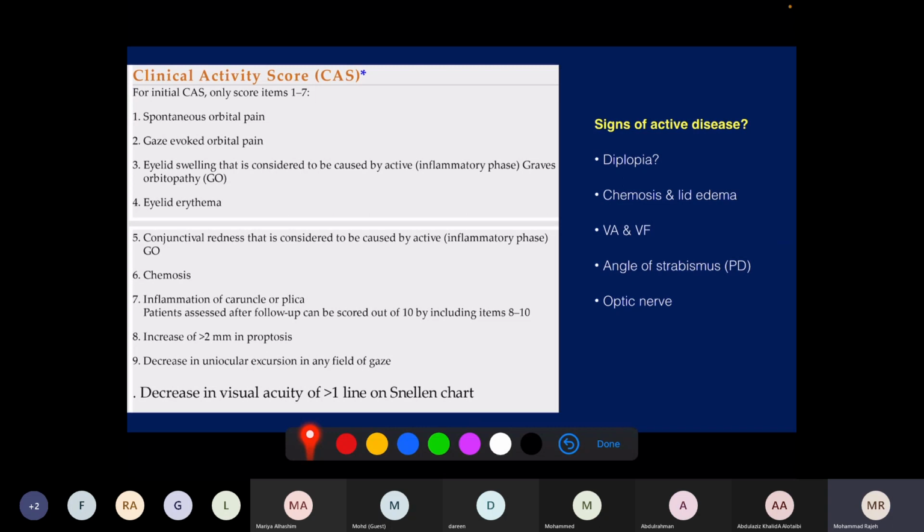Regarding activity, not everyone asks about it, but the clinical activity score is important to know. The false positive, false negative, we covered it before.